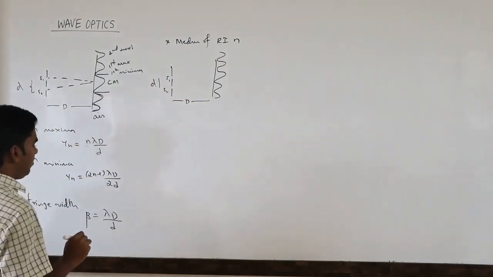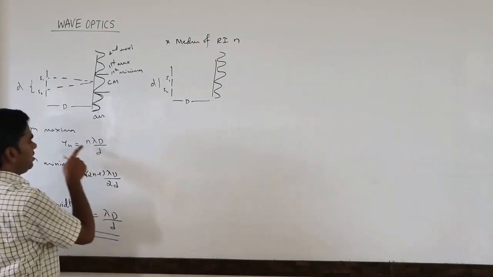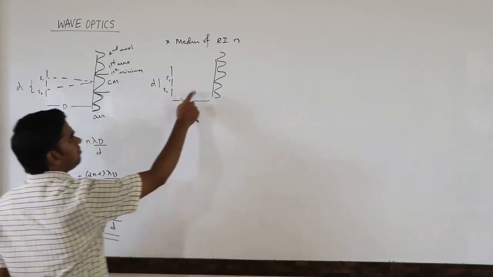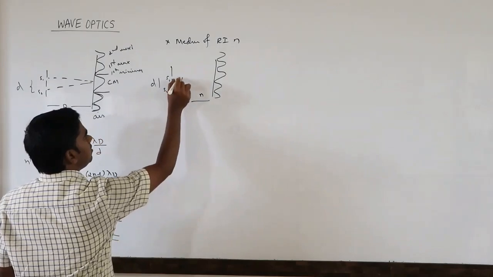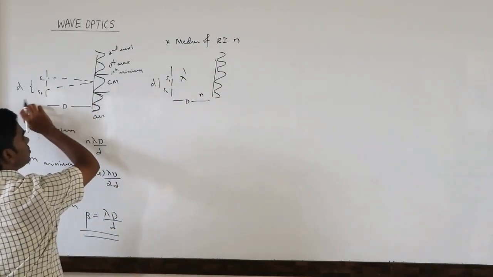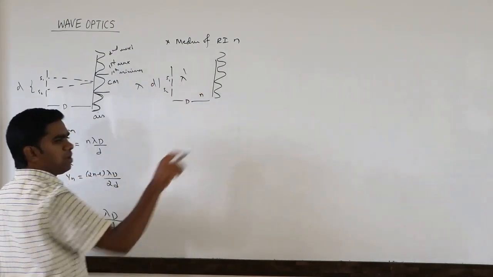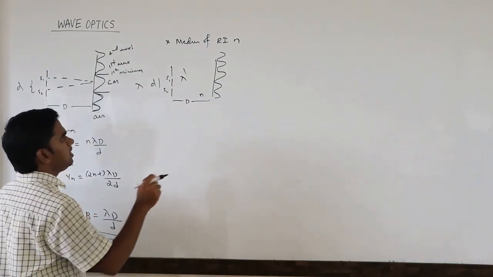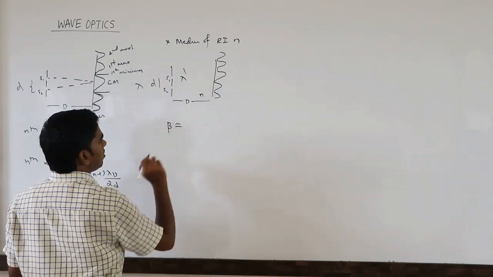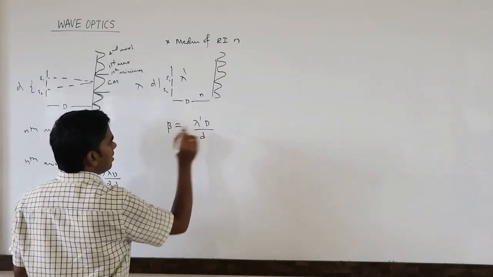Now I will talk about beta, what will happen to the fringe width. It depends on lambda. If the refractive index changes, the wavelength will change, so it becomes lambda dash, even though you are using the same source. When you immerse the whole apparatus in the medium of refractive index n, lambda changes. So the new fringe width becomes lambda dash D divided by d.